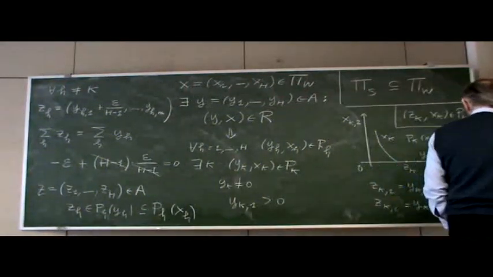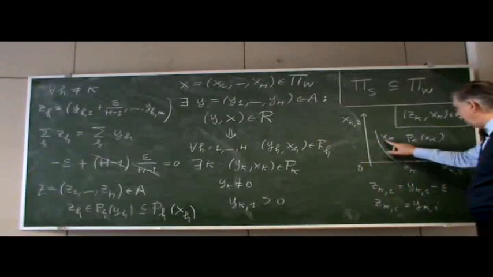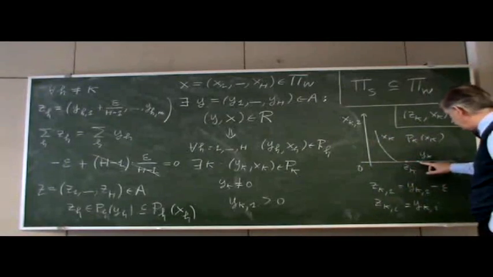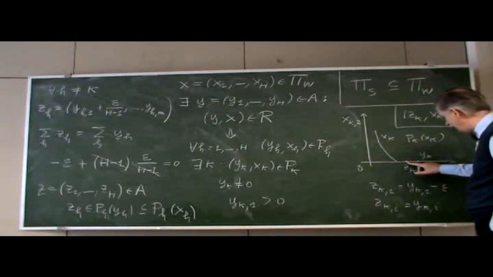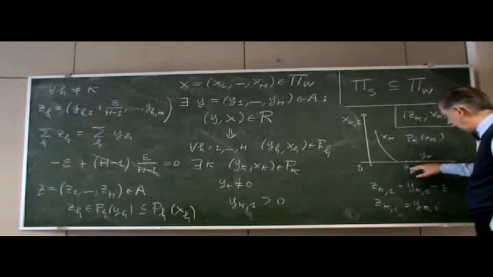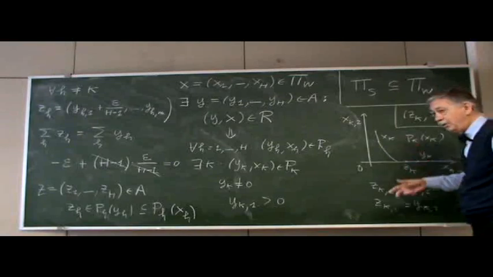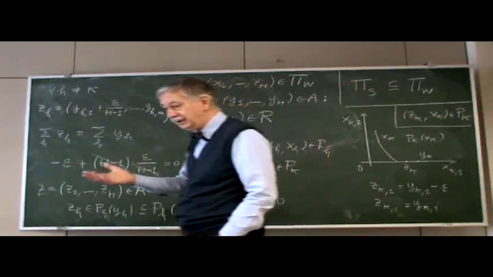Now let us employ continuity of preferences. Since yk is preferred to xk, it is possible to reduce slightly the quantity of one good, for example, in our case good 1, and to go to the bundle zk, and zk will be preferred to xk by continuity.